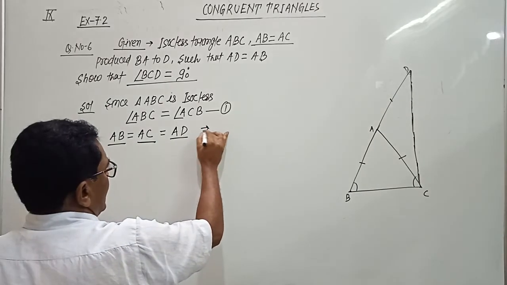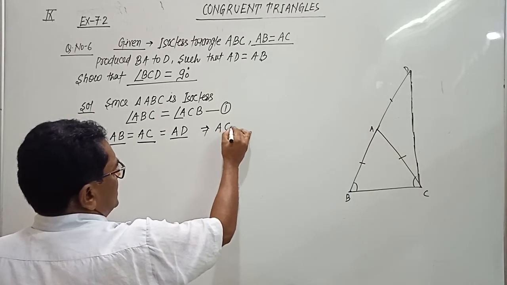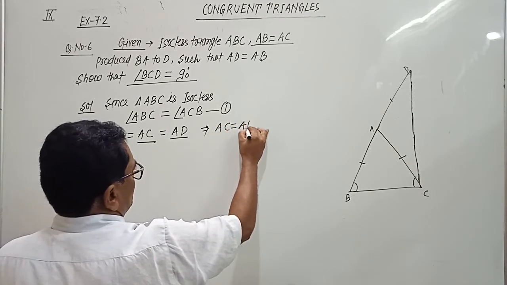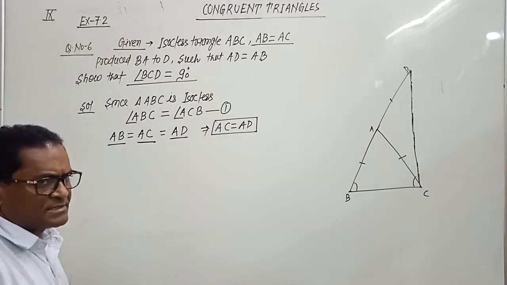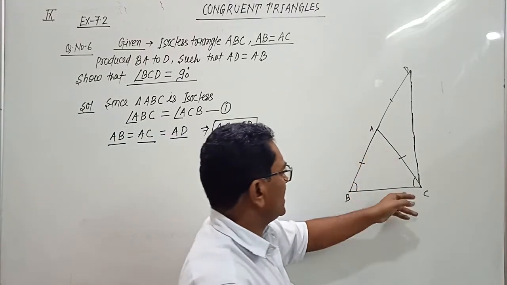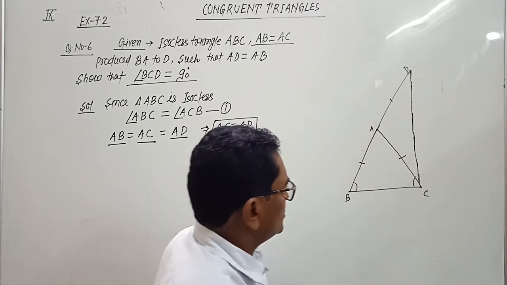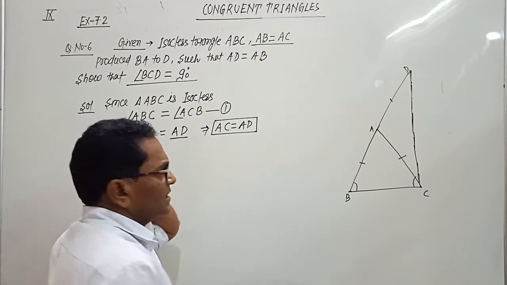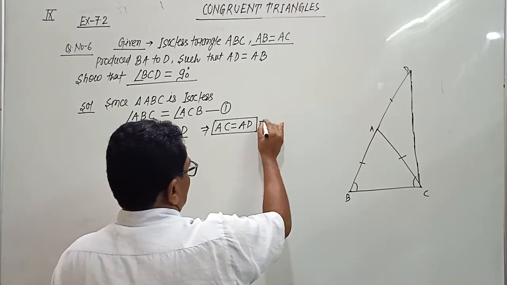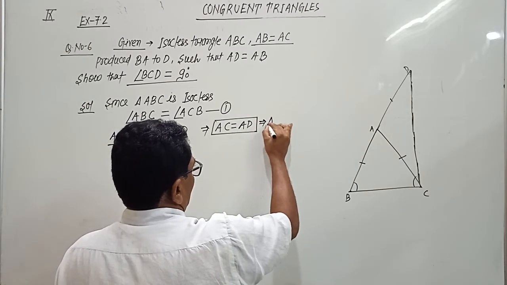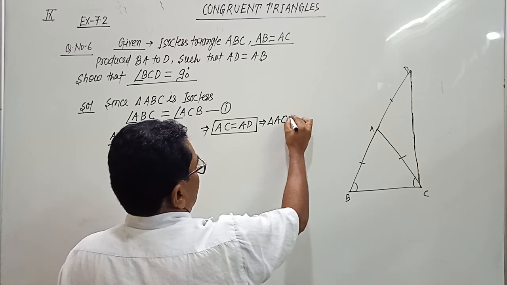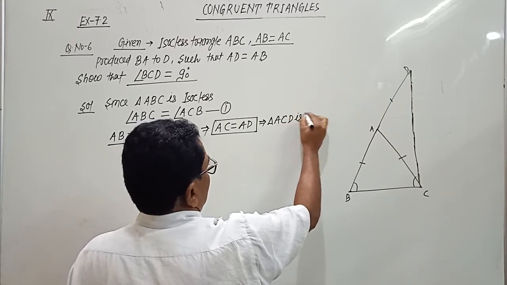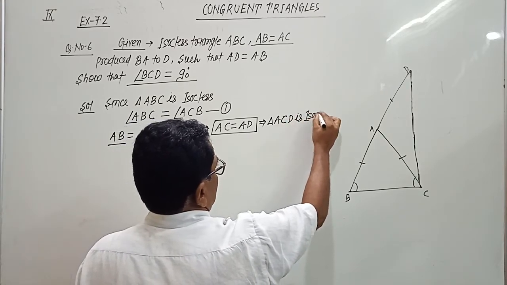So we conclude that AC is also equal to AD, and if AC is equal to AD, it means triangle ACD is isosceles.